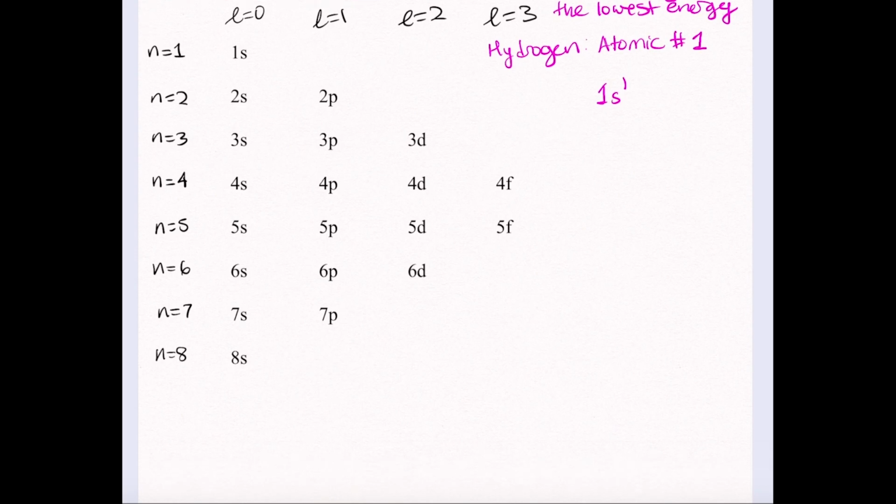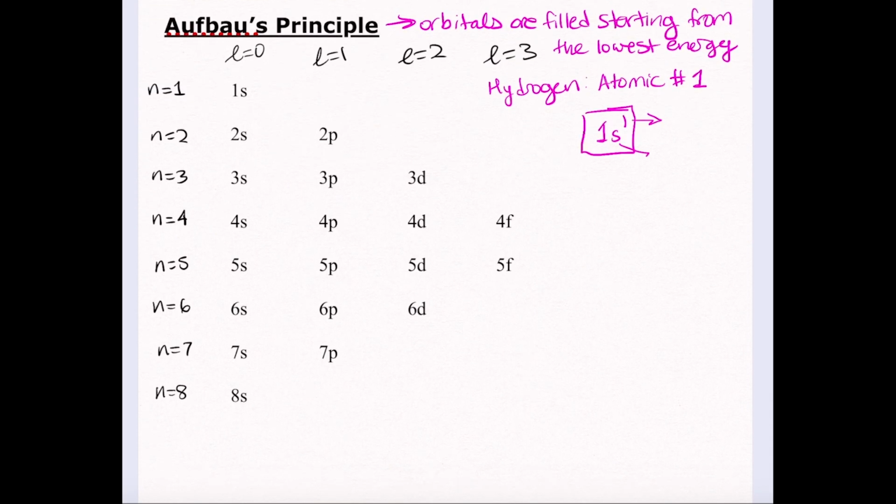So what does this s mean, and what does this 1 over here mean? Well, let me tell you. This 1 over here refers to how many electrons are in a subshell. So let me just write it down: number of electrons in a subshell.